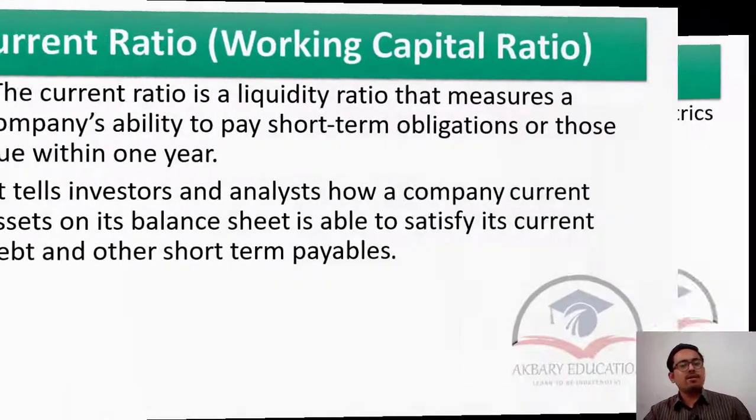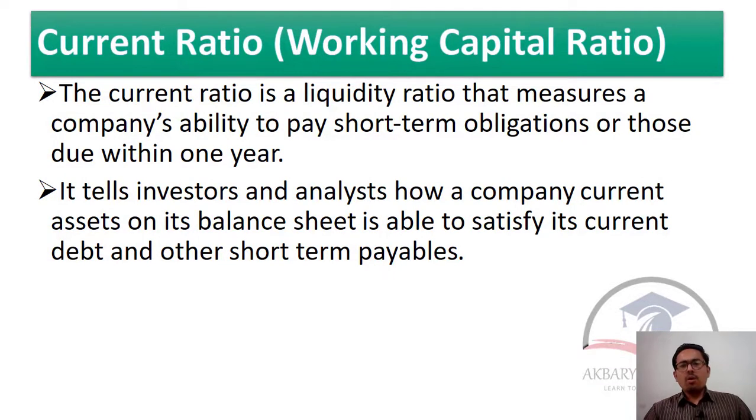The first one is the current ratio, or we call it the working capital ratio. The current ratio is a liquidity ratio that measures the company's ability to pay short-term obligations, or those due within 1 year. What does it mean?